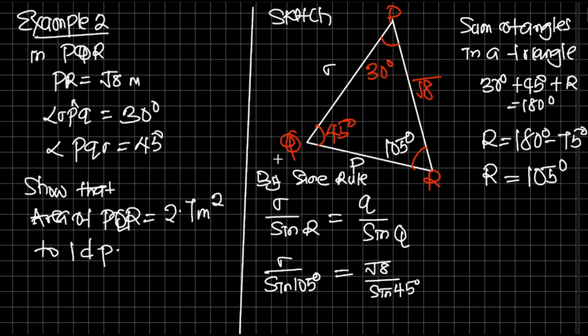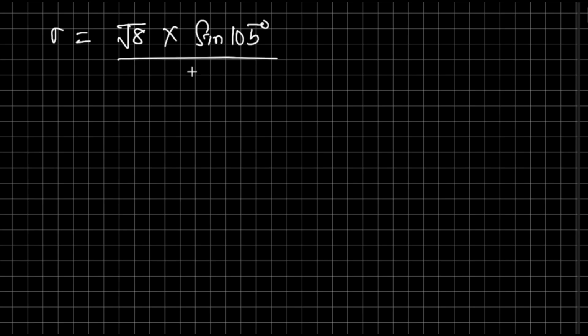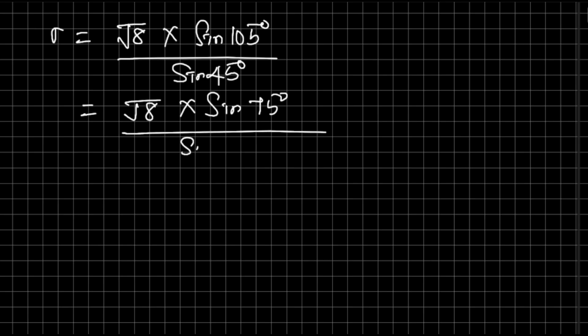If we cross multiply, r equals root 8 multiplied by sine 105, which is the same thing as sine 75, all over sine 45.